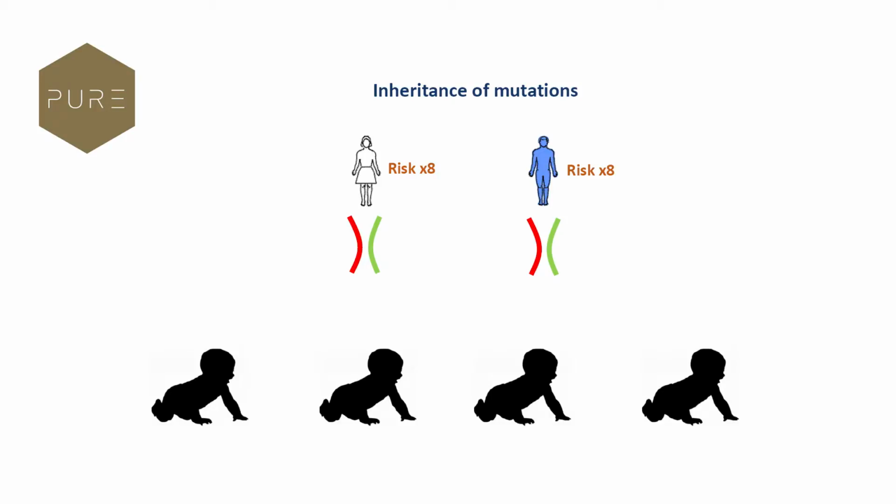Now, again, just like with the X and the Y chromosome, they're going to pass on one chromosome by chance. So if the healthy chromosome or the healthy gene is passed on, this child will have a normal risk of thrombosis. In this case, the baby inherited one broken gene from mom, but a working gene from dad.